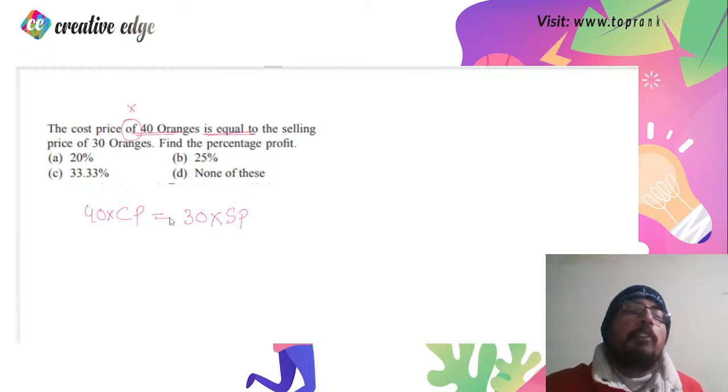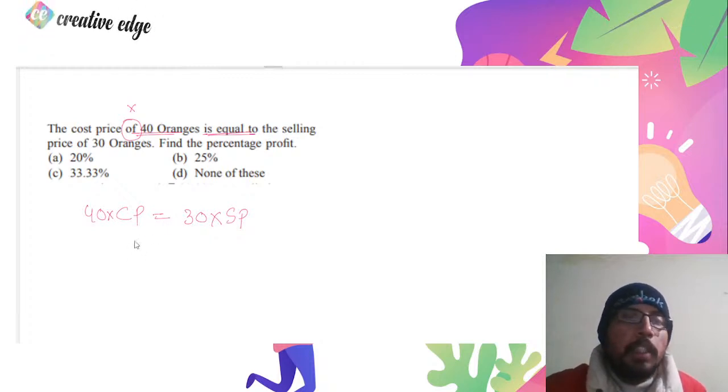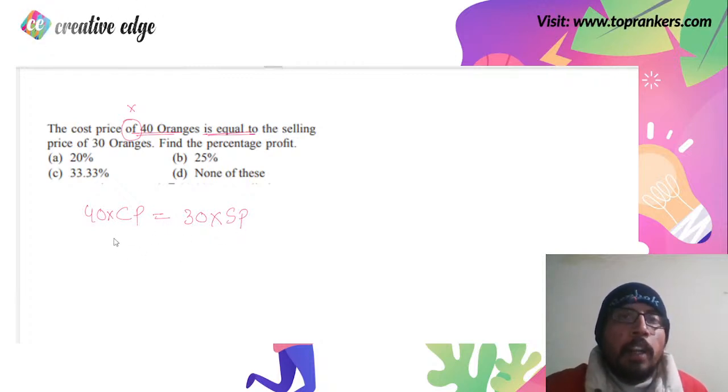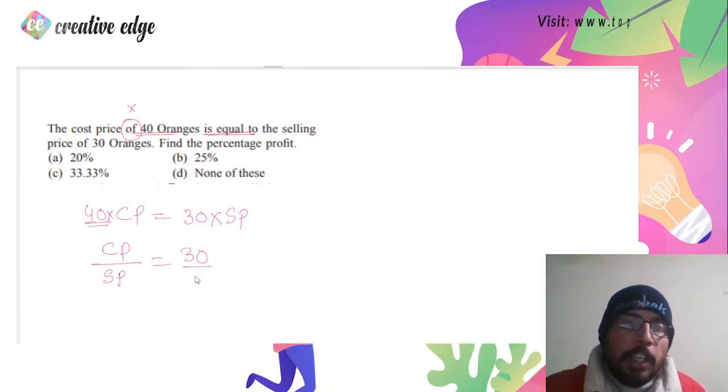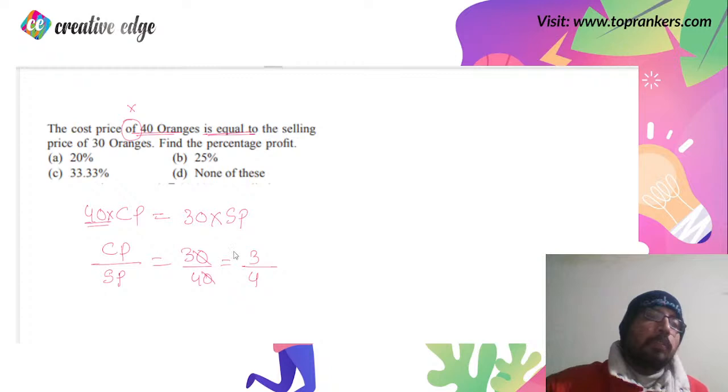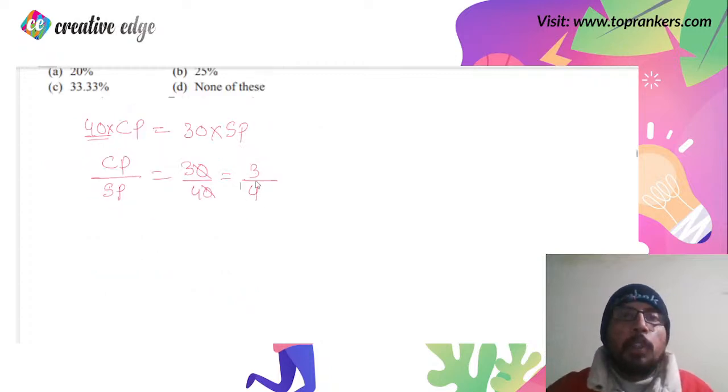So first I will be finding the ratio of CP and SP. So SP will go to the left hand side. So CP and SP will go in the denominator, is equal to 30 was in RHS. I will take this 40 also in the RHS in the denominator. So it will be 3 by 4. So CP upon SP will be equal to 3 by 4.